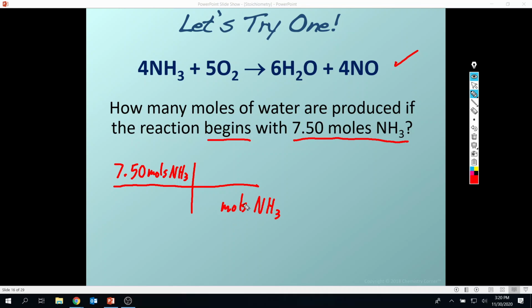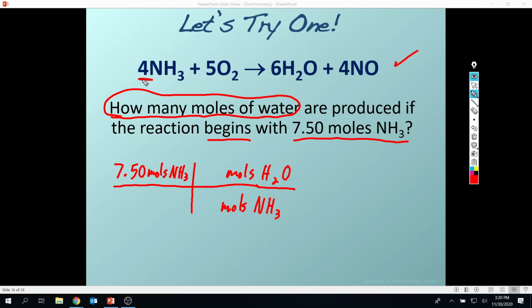Go ahead. Doing great. And then at the top it would be moles of H2O, since we want to get to water, because it says how many moles of water. So this is what we're trying to get to. And then at the bottom would be 4 moles of NH3 and 6 moles of H2O.